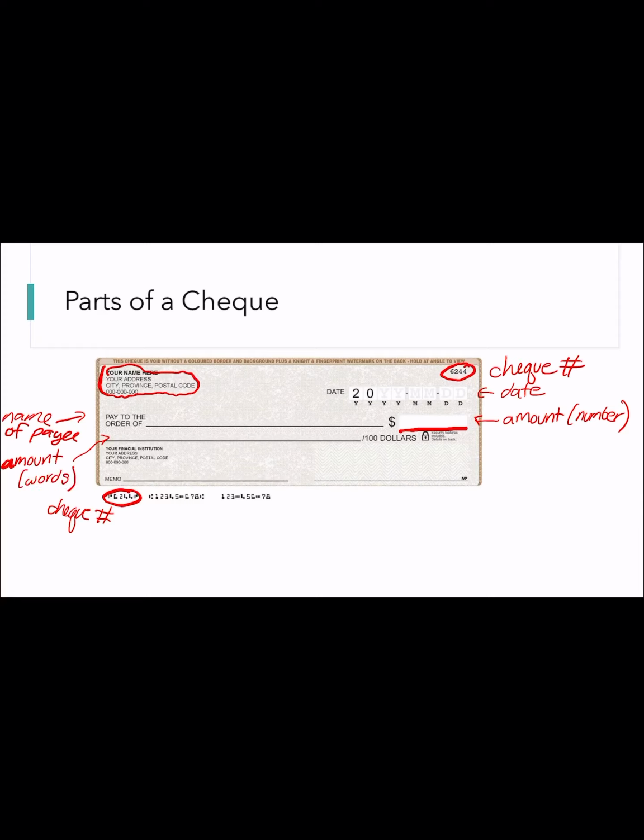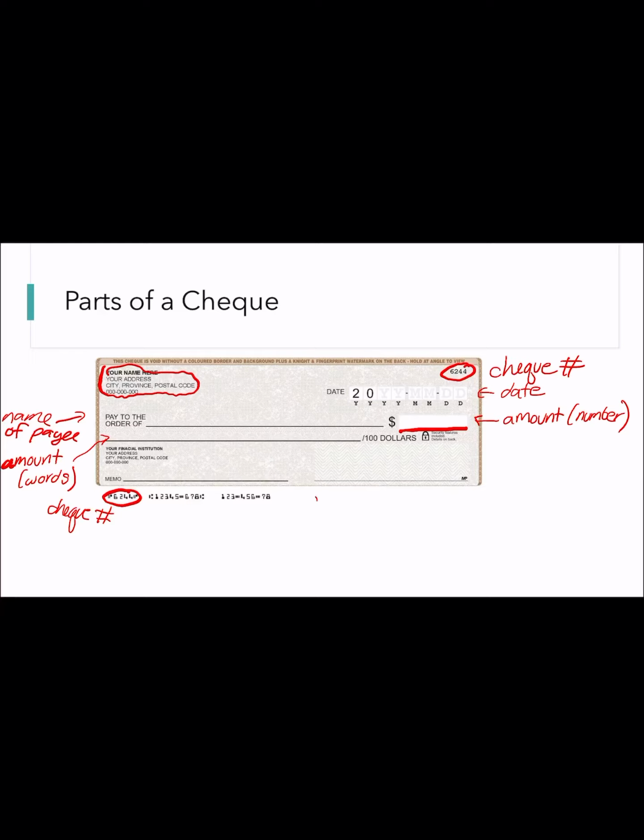So for example, if you were writing a check for $120, you would write 120 in words. Okay, so I'll show you a little bit of a trick to doing that, and some of the extra rules to doing that soon.